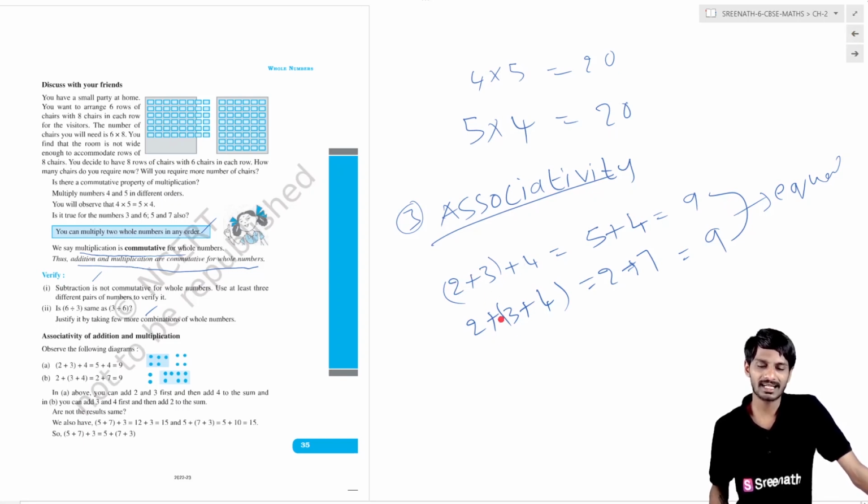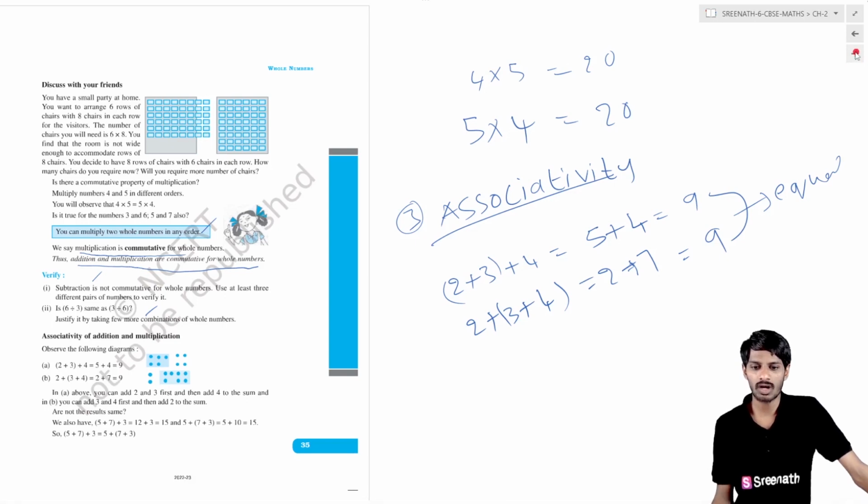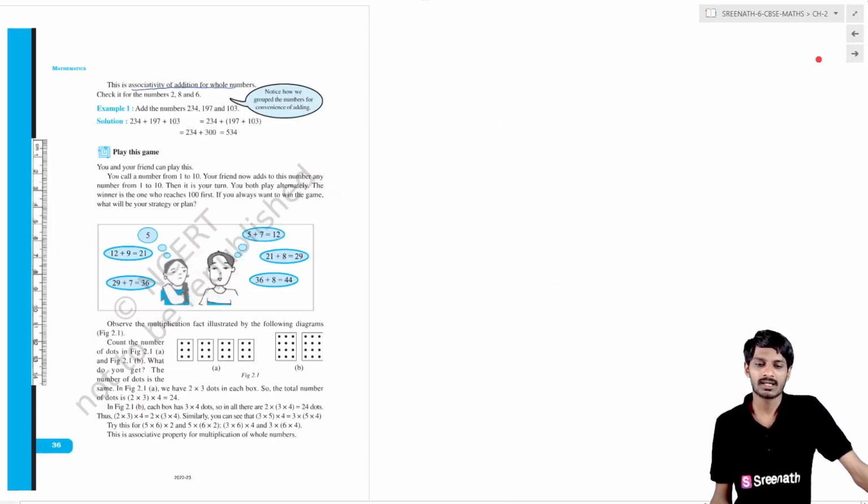In the second method you grouped these two numbers and found the result. Whatever grouping you have done, it is not a problem for getting the answer. You can group whichever numbers you like. There is no problem in grouping any whole numbers. The answer is the same. This is called the associative property. Thus associativity is satisfied under addition.